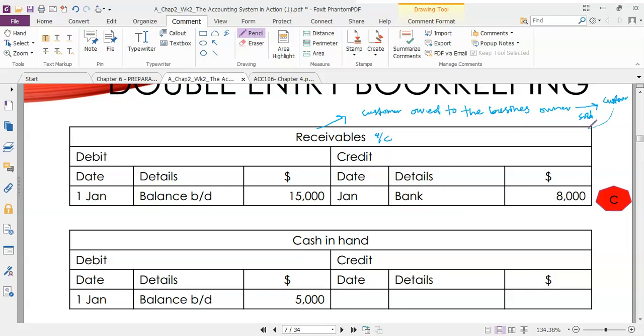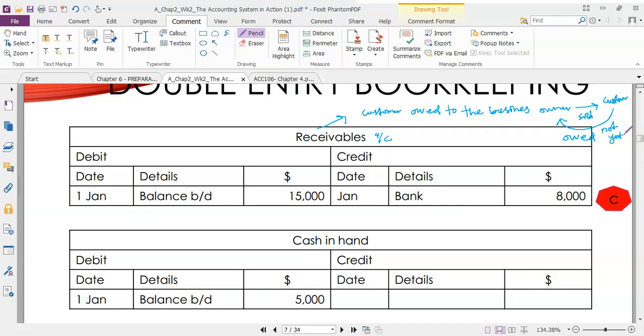But then the customer is not paying the amount of the product itself. Dia berhutang. Dia tak bayar dulu. It means that the customer berhutang dengan owner. The owner sold goods to the customer, but the customer has not yet paid the amount of the product.